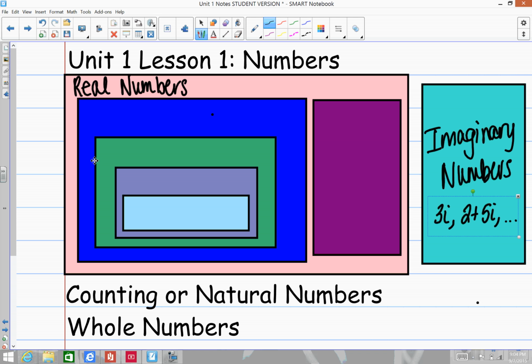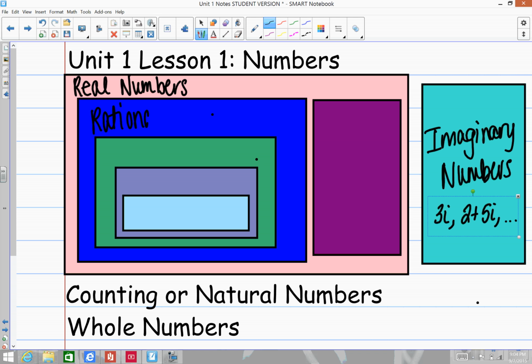If you notice, the real number system has all of these other little boxes in here because the real number system has other subcategories. Once it's a real number, there are two differences for real numbers: it can be rational or it can be irrational, but it can't be both. So the next category that we're going to look at is rational versus irrational.